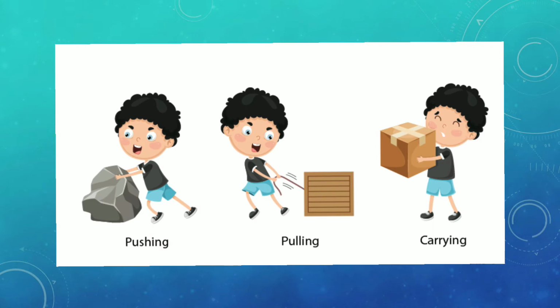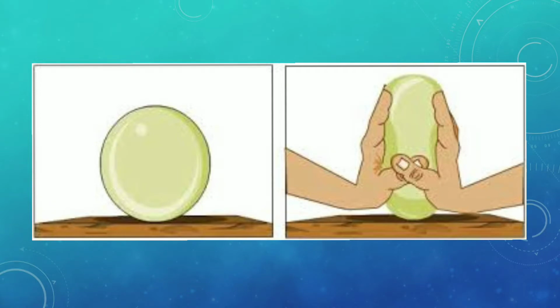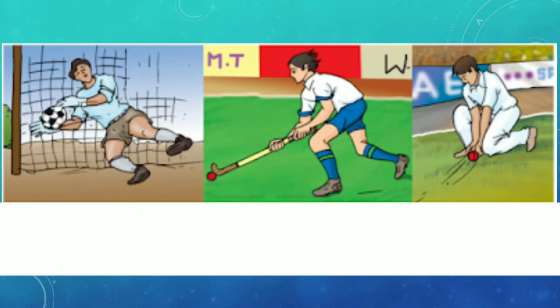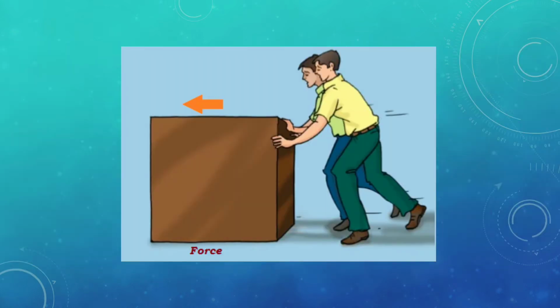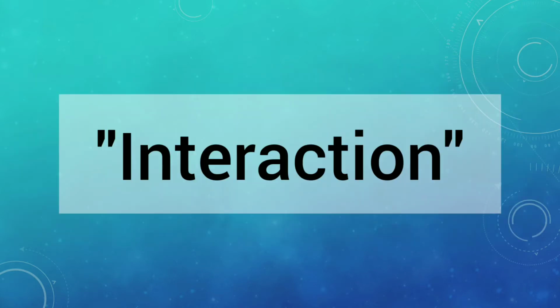A force comes into play when two objects involve interaction, or we can say that force arises due to the interaction between two objects. Before we go further, we should know the meaning of the term interaction as used in physics.